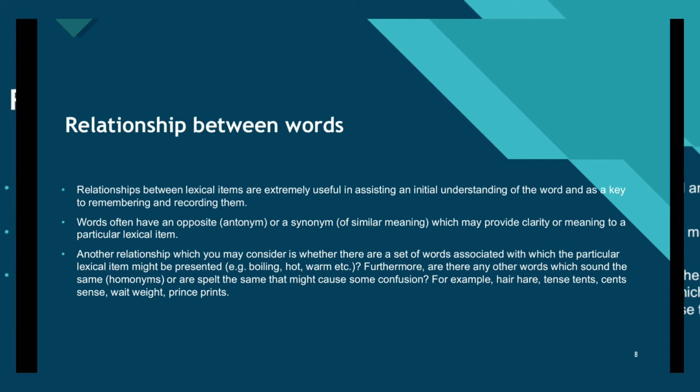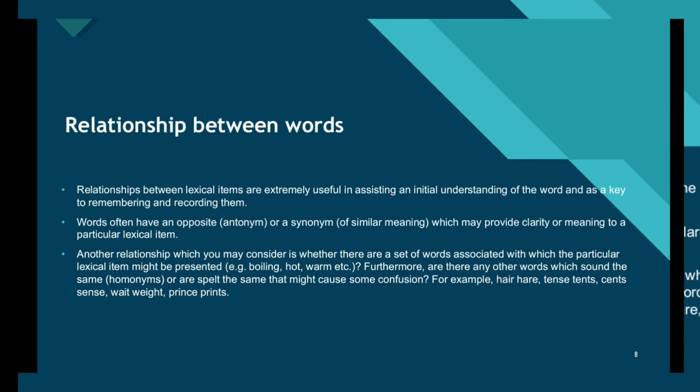For example, the word terrible may be explained to the students as the opposite of good or as having a similar meaning to bad. It is also important to consider whether these meanings are exact or whether they are loose.